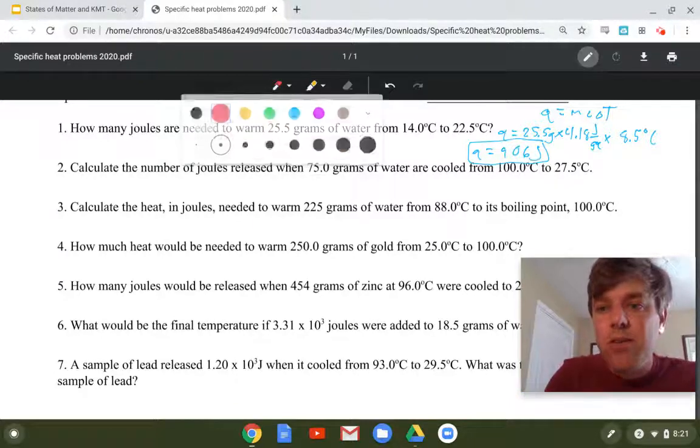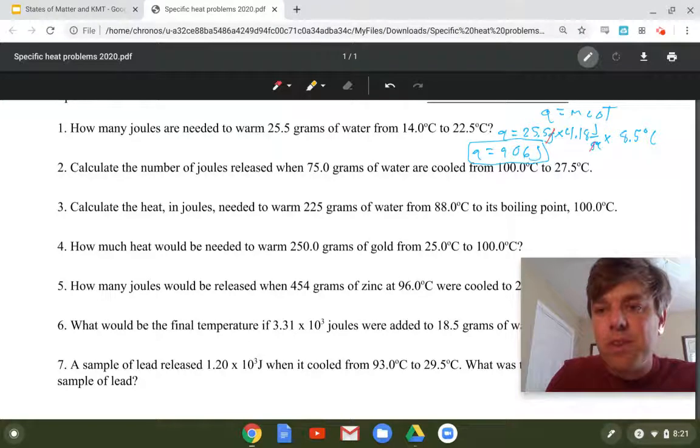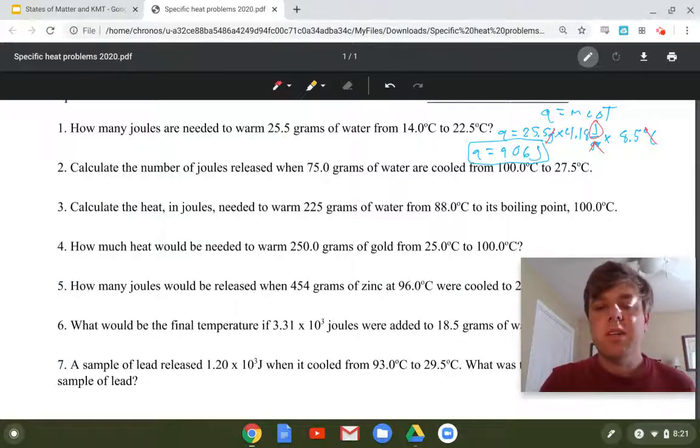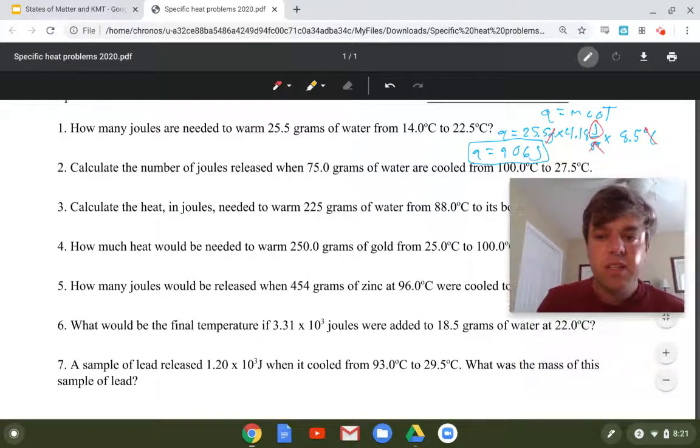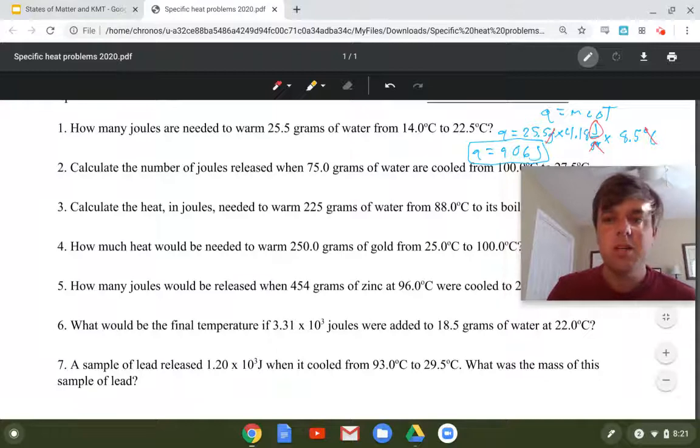We had grams right there, which cancel with grams underneath. We had degrees Celsius and degrees Celsius. So we're left with a unit of joules. That's how problem number 1 works.